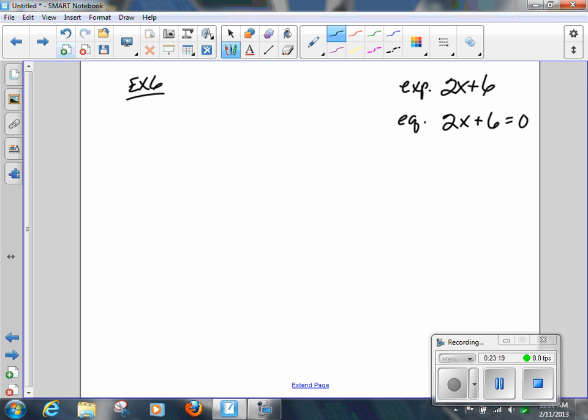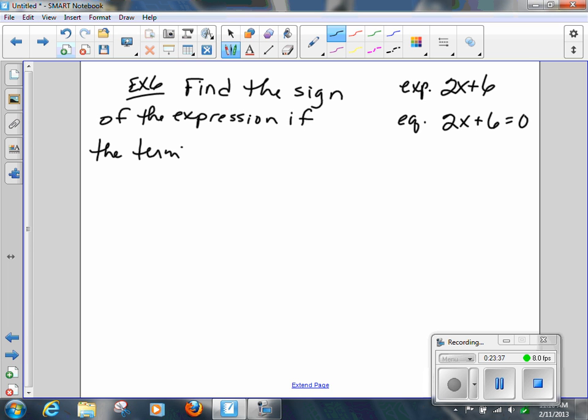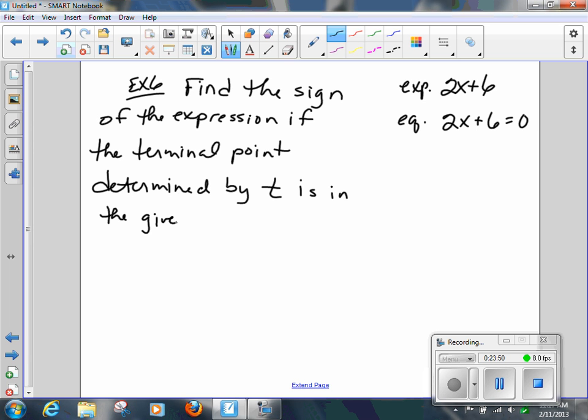Here's what you're going to do. Find the sign of the expression if the terminal point determined by t is in the given quadrant.